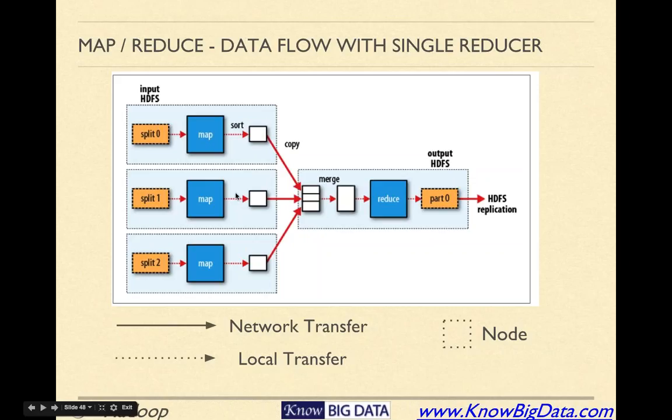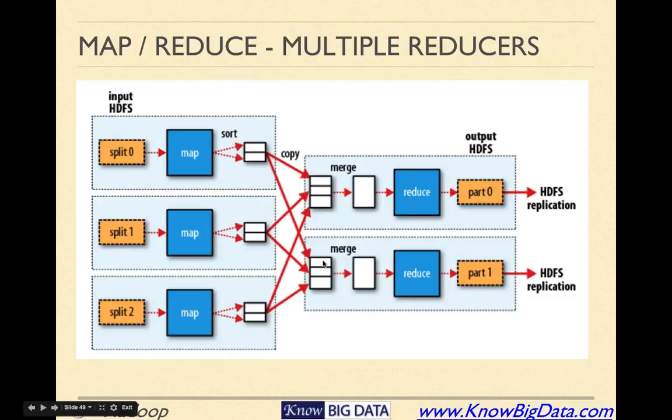So every node sorts the data, and then after sorting the data, when it's carried to the central place, it is merged with the rest of it. Merging the sorted data is far easier for producing the sorted output as compared to merging the unsorted data to produce the sorted output.